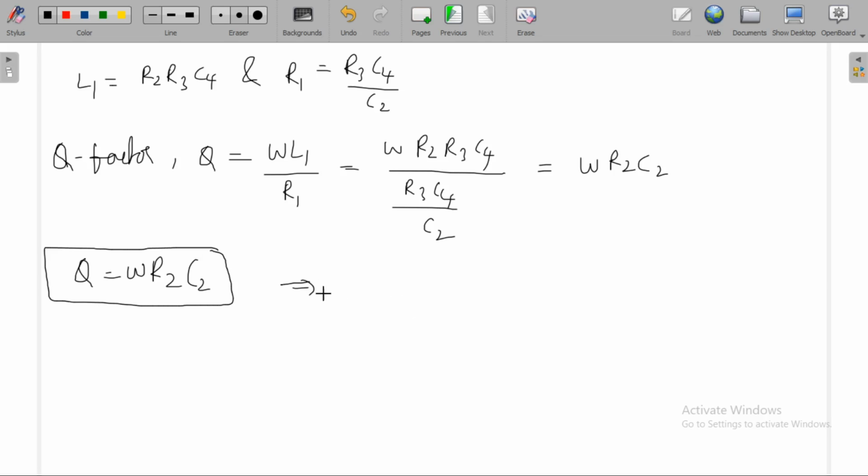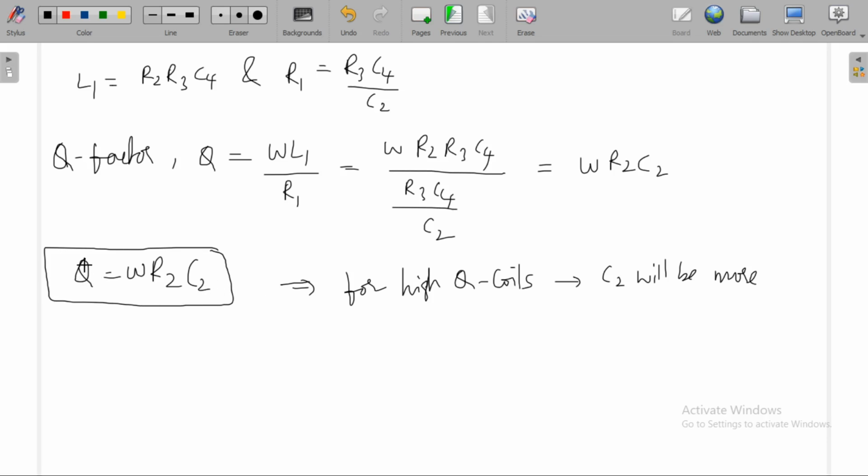From this expression, for the measurement of high Q coils, a large value of C2 is required.